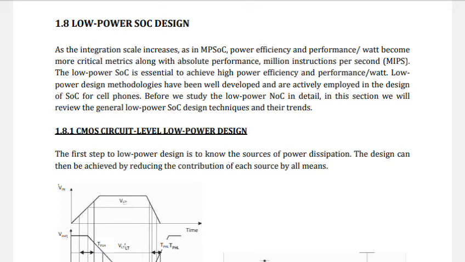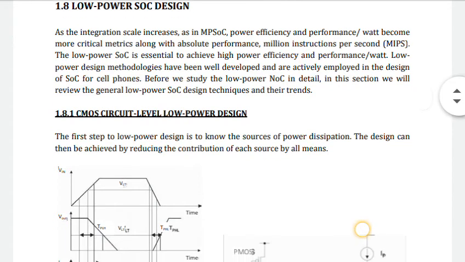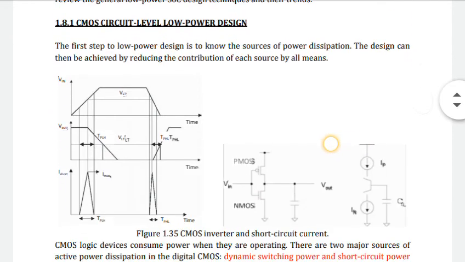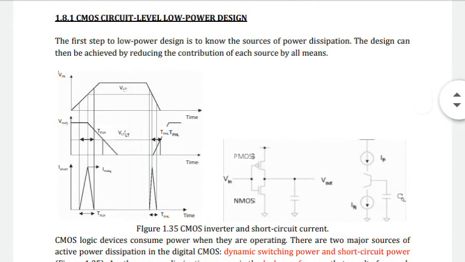First one, CMOS circuit level low power design. The first step to low power design is to know the source of power dissipation. The design can then be achieved by reducing the contribution of each source by all means.